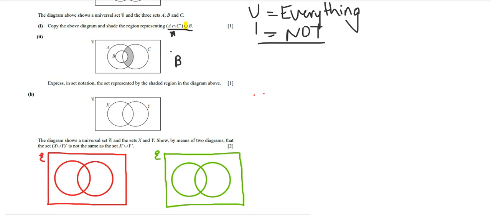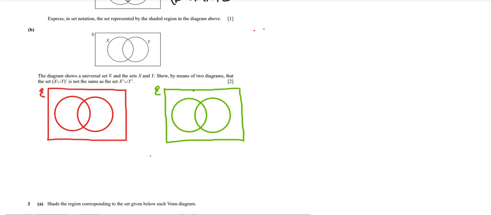We're looking for B complement intersecting with A, and this set's intersection with C. You could also write it A intersecting B complement intersecting C, it doesn't really matter. And that will give us this region over here. So not B, its intersection with A, this whole bit, and its intersection with C, this bit. Okay, done.